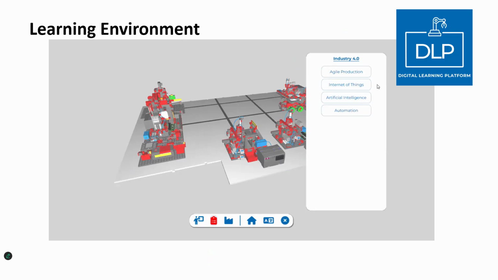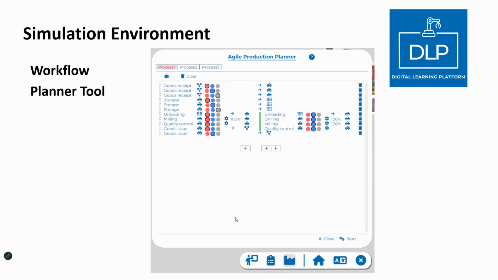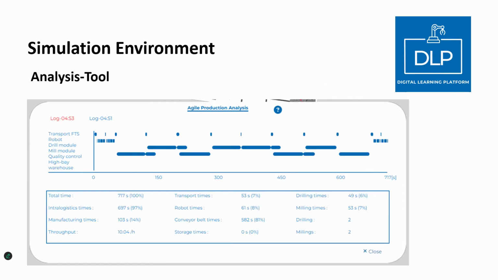There are four different learning modules: Agile Production, and so on. Now you will see there are a lot of tools with the DLP, including the Workflow Planner tool and an analysis tool as well. If you want to delve further into this, you can do so easily by simply emailing me, and I'll provide my contact info at the end of this presentation, and I'll be happy to send you a link to the specific section of the manufacturer's website where more detailed information and system requirements are posted.